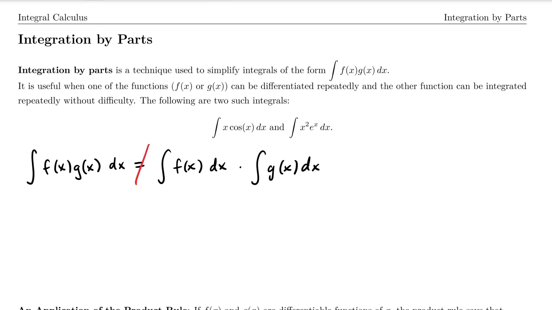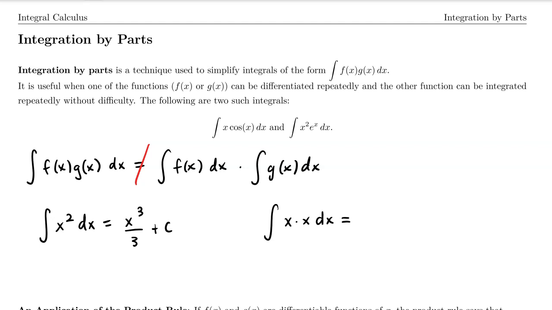Let's look at a very basic example to illustrate that this is not true. If I wanted to integrate x squared dx, I know that this is equal to x cubed over 3 plus c. Now, what if I rewrote x squared as x times x dx?